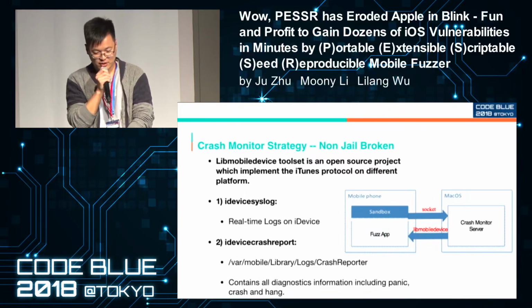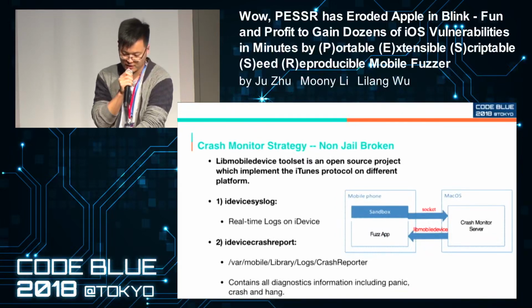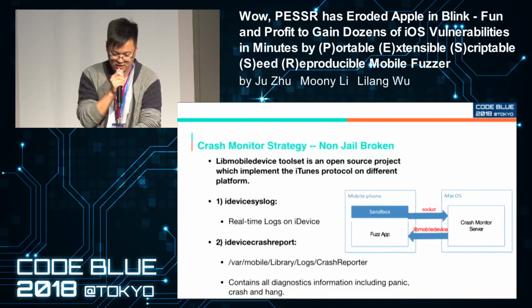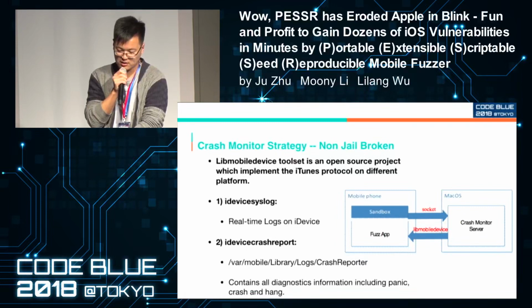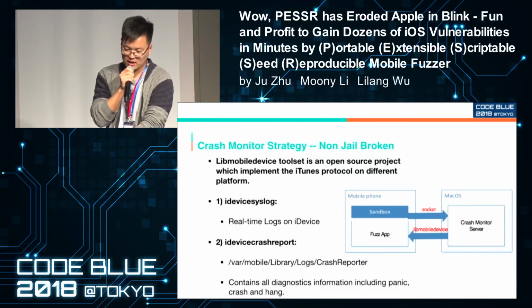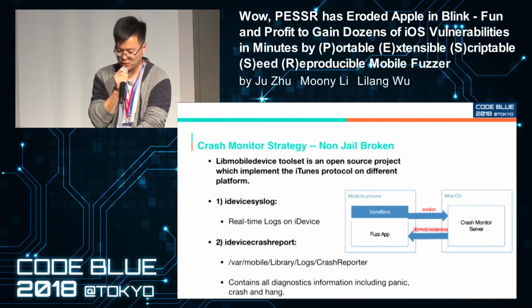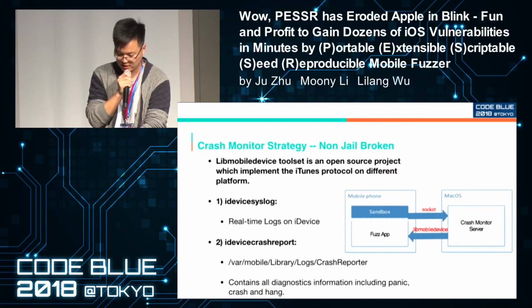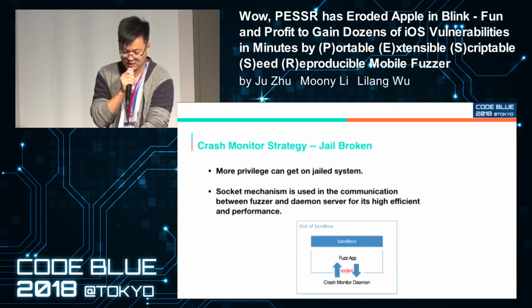What's more, there are also some vulnerabilities such as kernel bugs. When we trigger them, they will create related diagnostic information in the crash report folder. So we can use the iDevice crash report tool to pull this information for monitoring the fuzzing status.